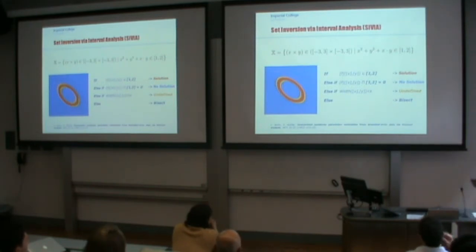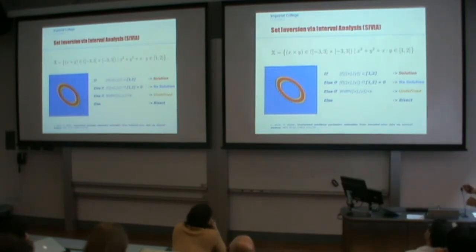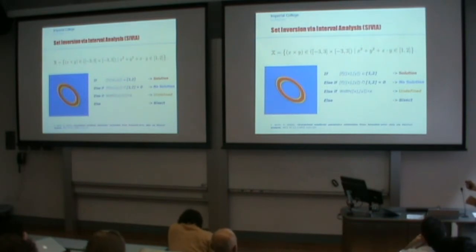Here is a very simple example of this problem. We want to find the parameters x, y in this initial space. So we have this initial box where we want to find our parameters such that this constraint is satisfied, so this equation is inside this interval.